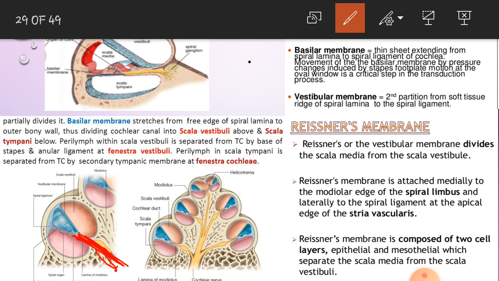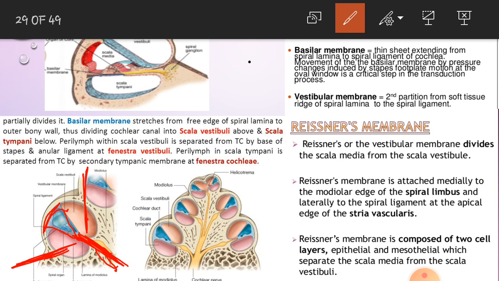From the edge of the osseous spiral lamina extends the basilar membrane and vestibular membrane, and this is the spiral ligament. So this triangular section is the section of the cochlear duct. It is also called the scala media, and we've already discussed that the cochlear duct divides this bony canal into a scala vestibuli and a lower scala tympani, which communicate at the helicotrema.